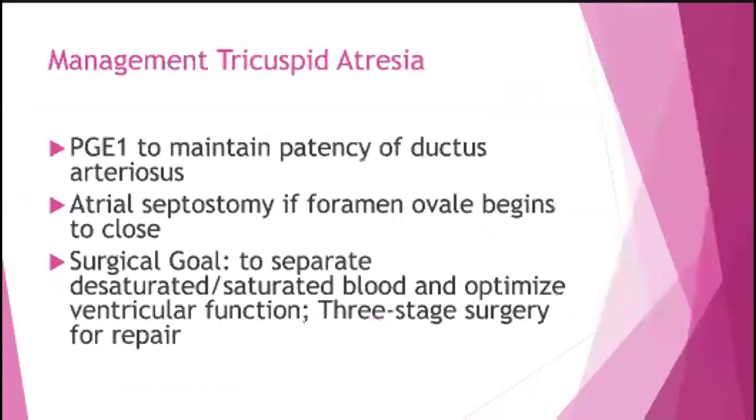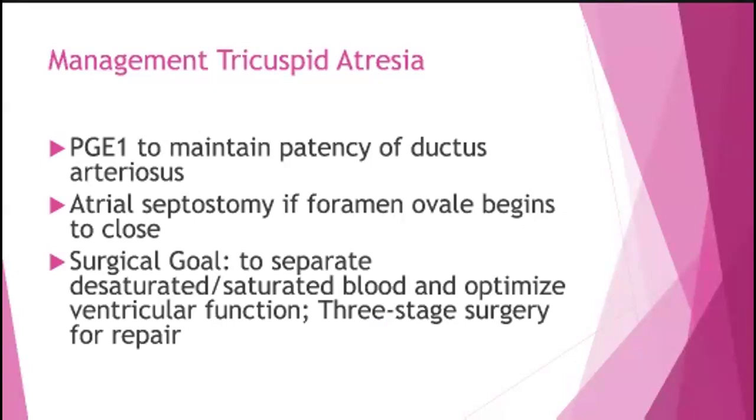So, prostaglandin E1 is necessary to keep that PDA open so that we have mixing. We can do the septoplasty where we open up that atrial septum a little bit bigger if that's there. We can do surgery, which is done in stages.